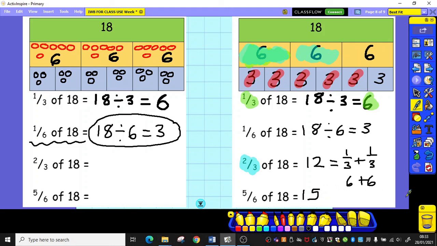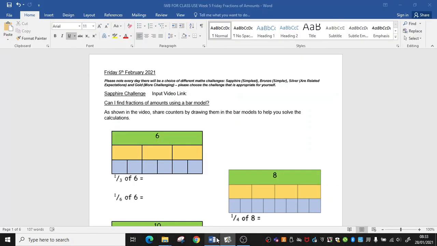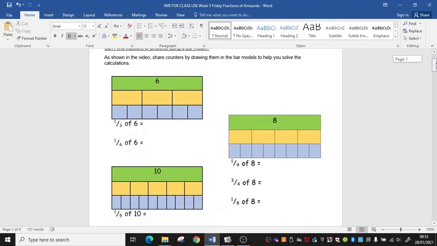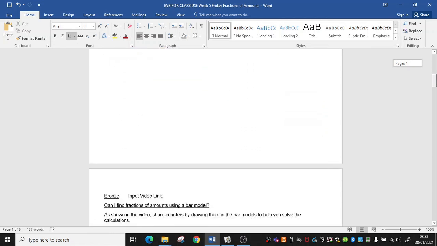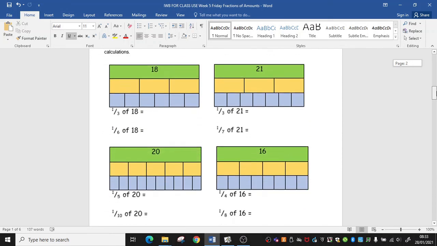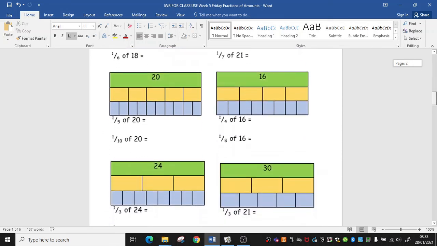So let's have a look then at today's problems. If you're doing the Sapphire challenge, then you've got a series of 3 bar models there to help you. It could be Sapphire that then you decide to do the first couple of challenges on bronze as well. Here are the challenges for bronze.